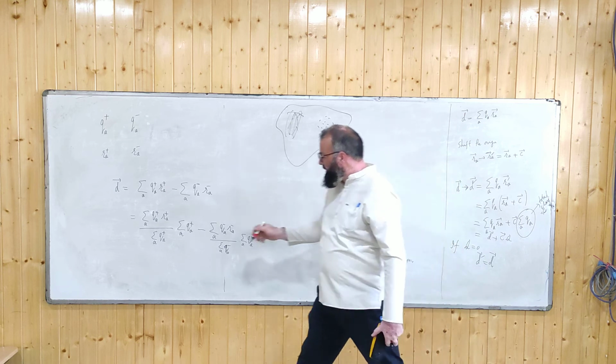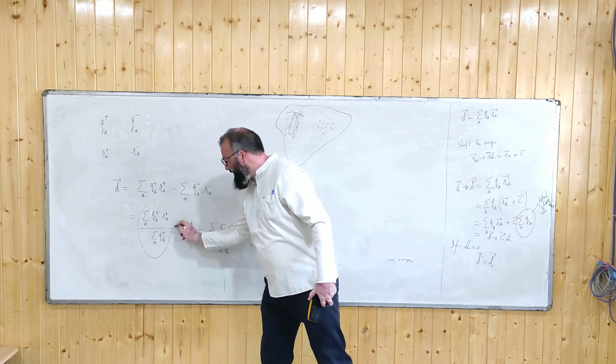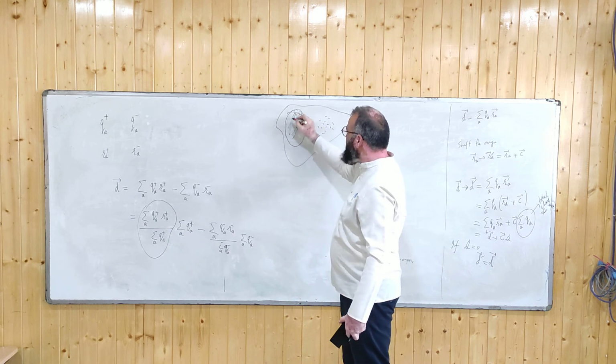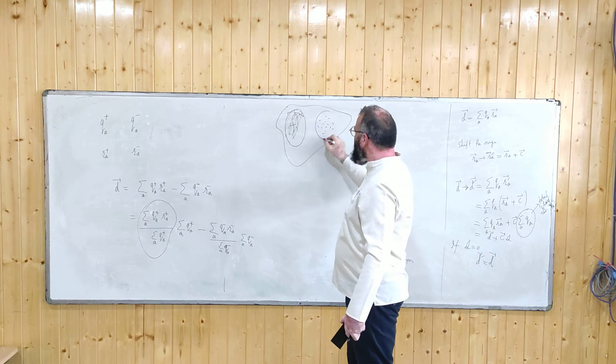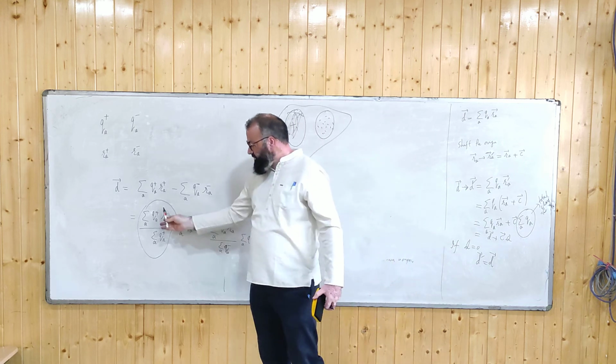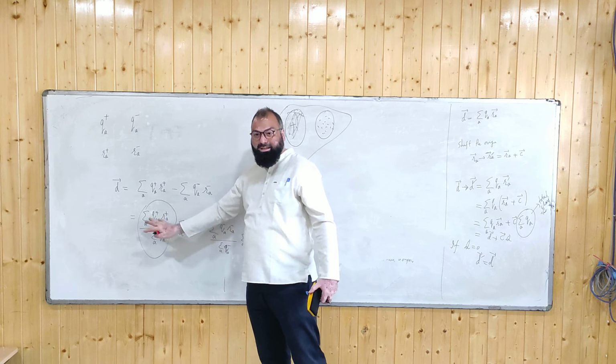Now if you see, this will actually be the center of mass coordinate of what? The positive charge center. You can think of it as the positive charge center, and then the negative charge center. Clear? This is actually the center of mass coordinate of the positive charges.